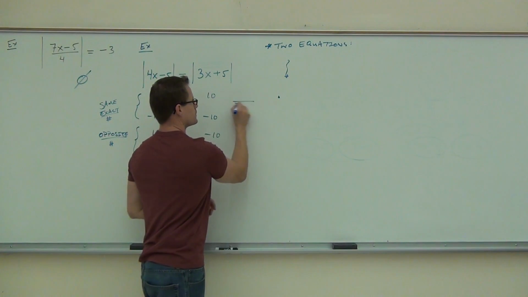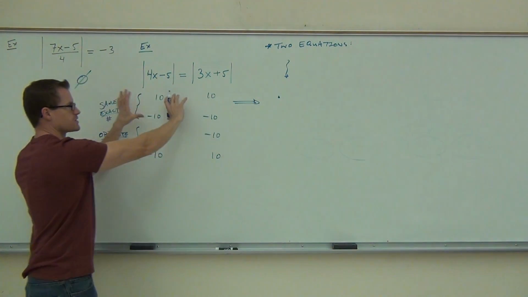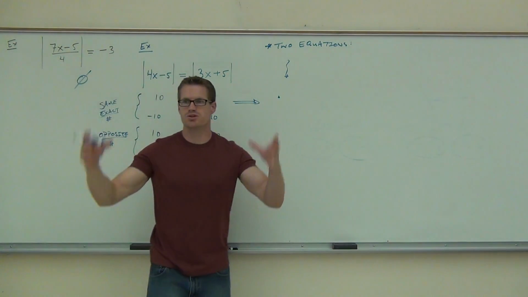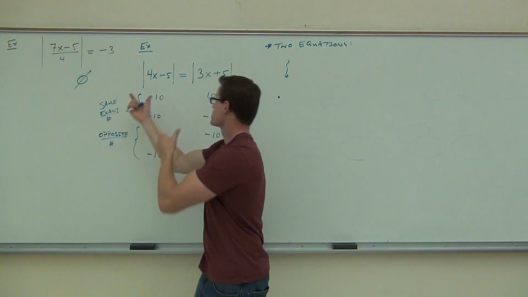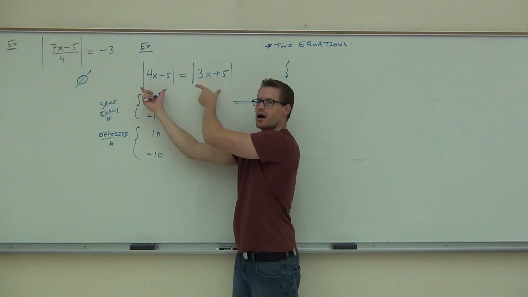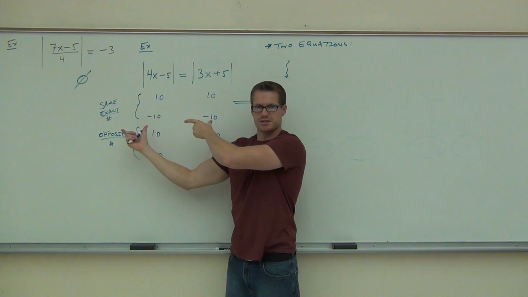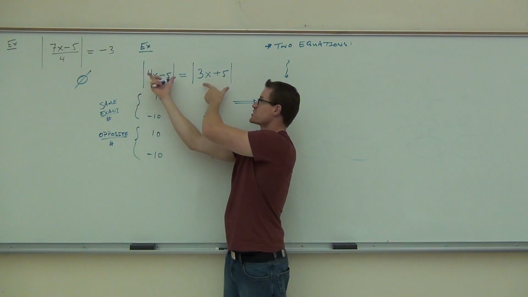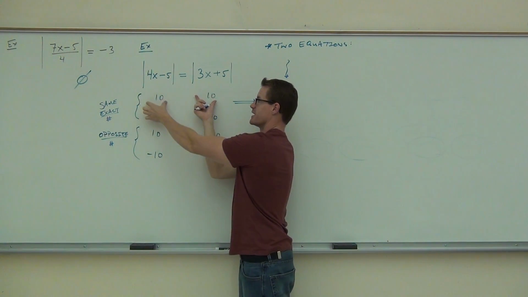The first one leads to this equation. The first case here says if I just ignore the absolute values and make these insides equal to each other, I am going to get a valid solution. Does this make sense to you? If I just set these insides equal to each other, that's what this said, they are equal.